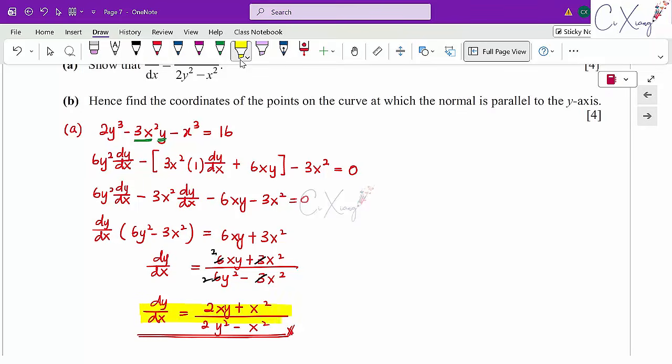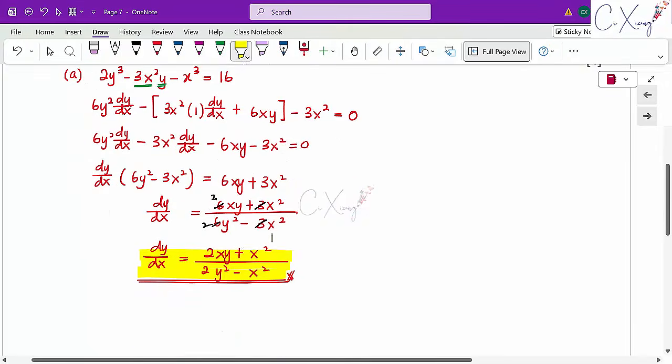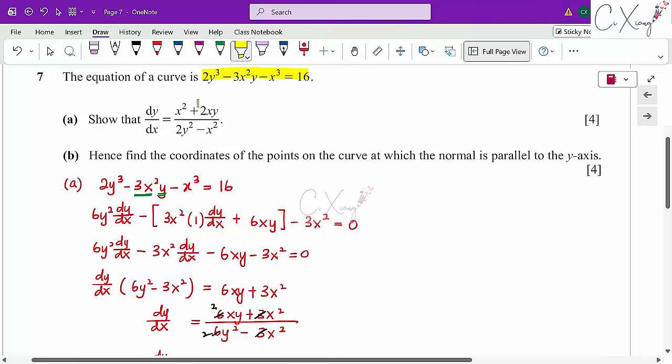Alright, so this is how we get the dy dx. You can double check that your answer is the same as what they want us to show, right? Okay, then for part B, they want you to find the coordinates of the point on the curve at which the normal is parallel to the y-axis.